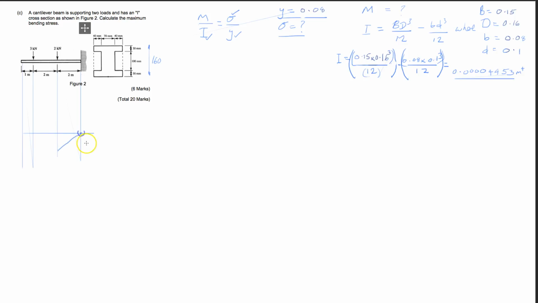Okay, that'll have to do. 4,000 Newton meters. And then we've got 3,000 times 4, which takes us to 12,000. 12,000, that's going to take us to 16,000. I really don't know how to use this bit here.